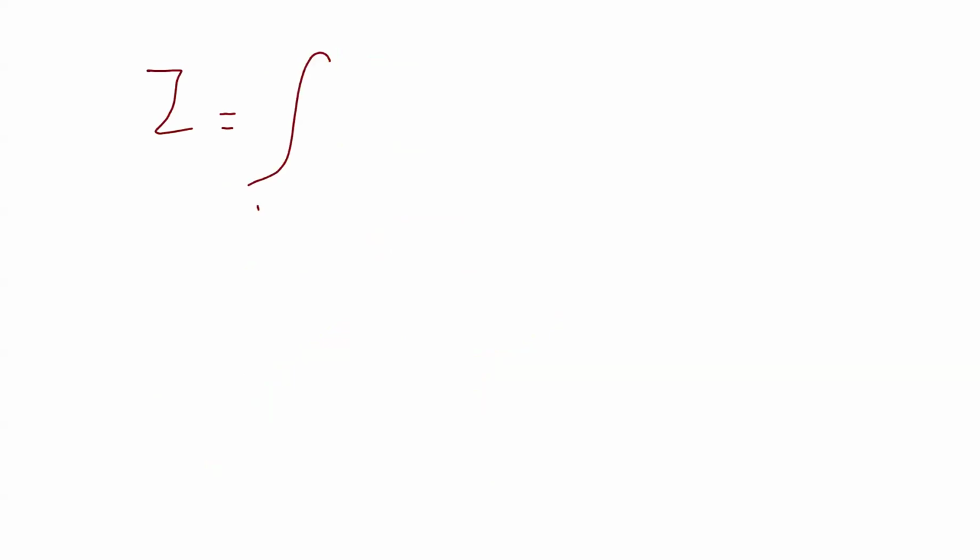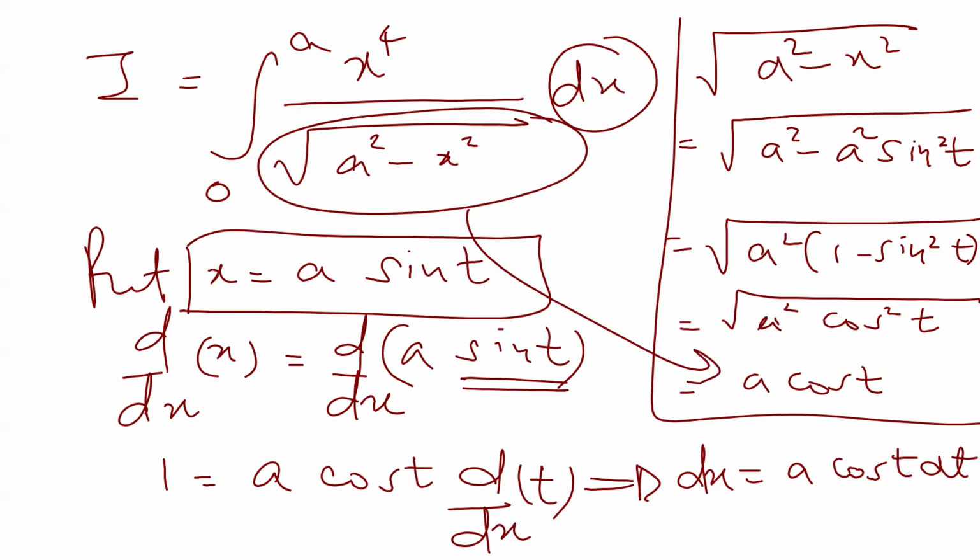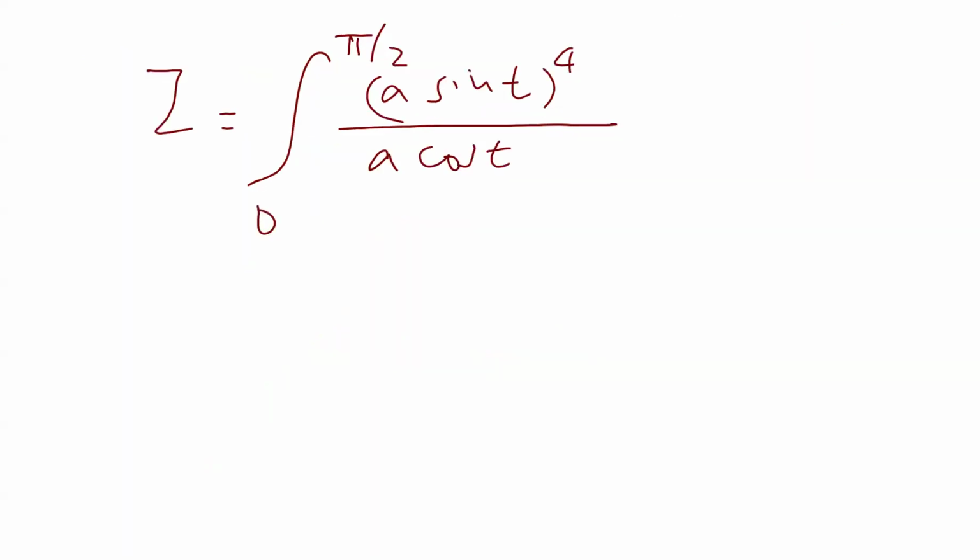So I is equal to integral 0 to pi by 2 of x raised to 4, so x is a sine t raised to 4. Down we have got a cos t, that is the value of root of a square minus x square, a cos t, and dx is equal to a cos t dt.